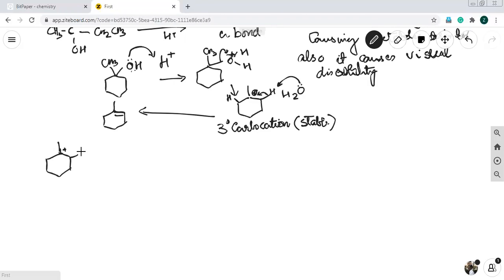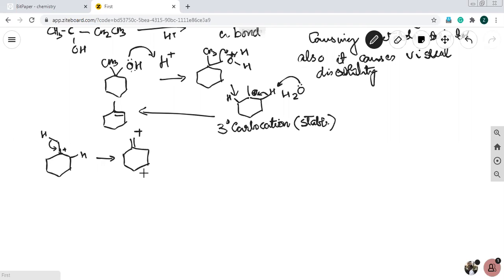You can take this proton or this proton. If you take this proton, you will get this product. If you take this proton, you will get this product. So these are the two products.